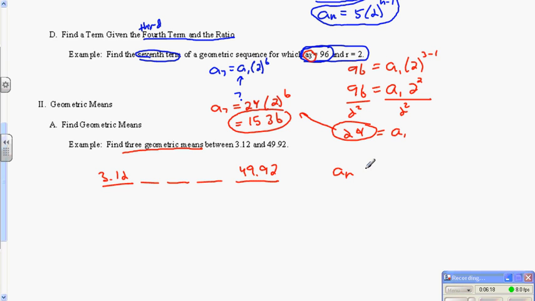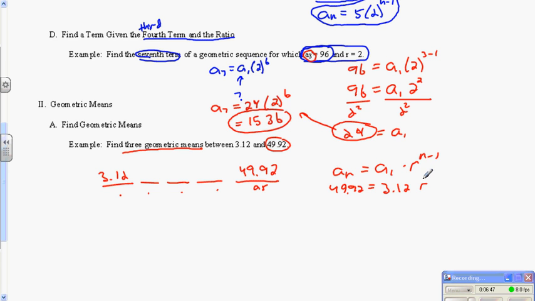So let's take a look at finding a way to find r. Let's use a sub n equals a sub 1 times r to the n minus 1. We have this term, which is 1, 2, 3, 4, the 5th term. So 49.92 equals our first term, 3.12.